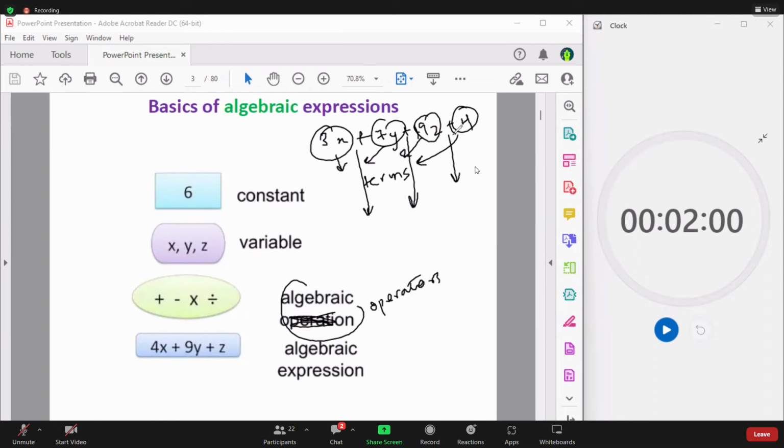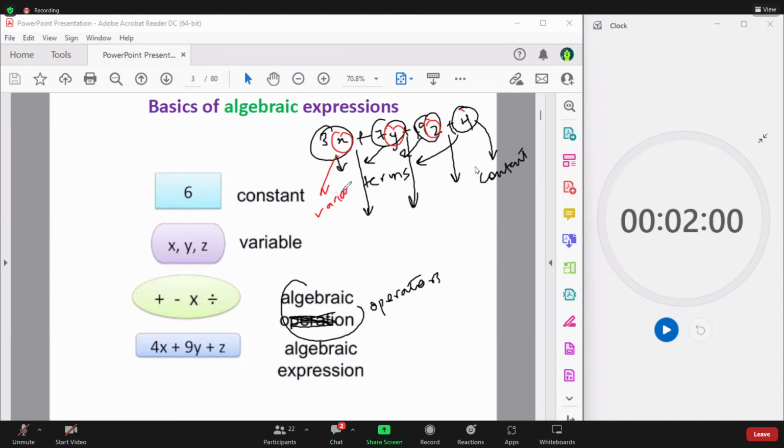The value which is constant and does not change, which is basically the numerical value in the whole expression, is known as the constant. The alphabetical part of the expression is known as the variables.